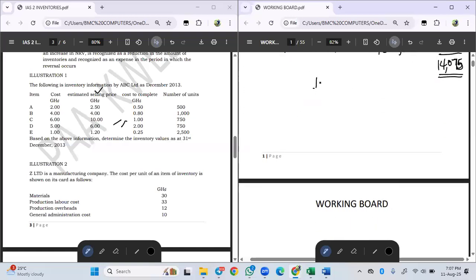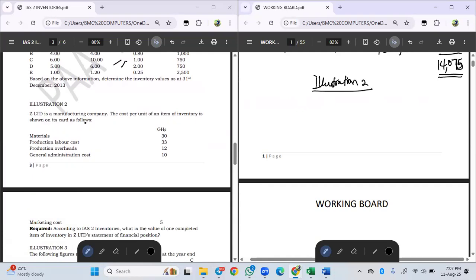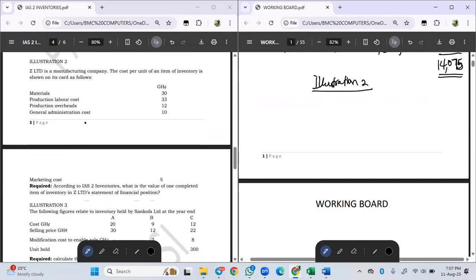Let's move on to illustration 2. Please read it for us. Okay, illustration 2. Z Limited is a manufacturing company.